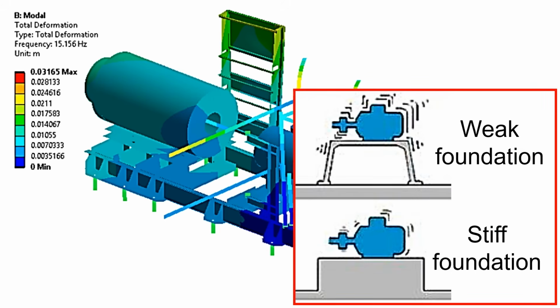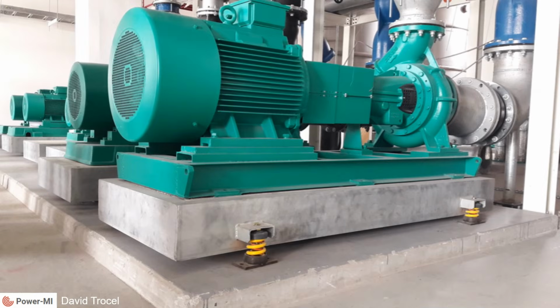The modal analysis provides insights into whether the foundation is weak or stiff based on the understanding of natural frequencies. Various approaches can be employed to stabilize the foundation and mitigate the vibration from external sources, as shown in the photo.